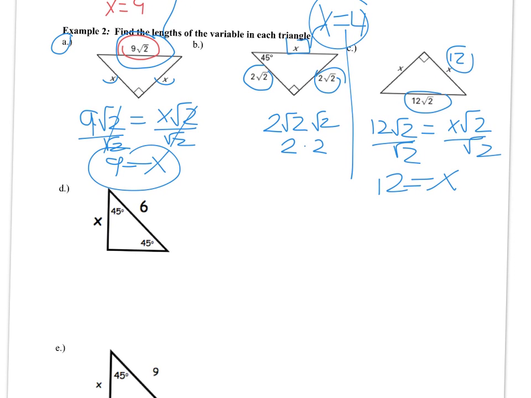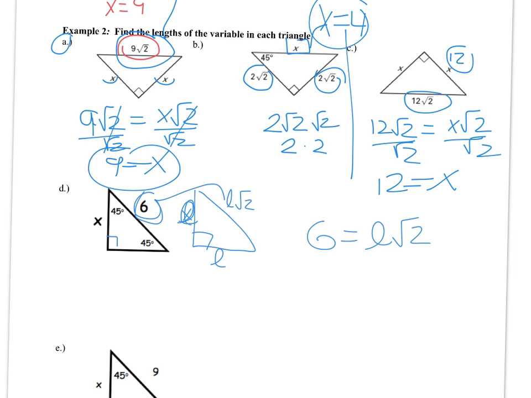In part D, now here's where it gets to be a little more work. So they're giving me the hypotenuse, and once again, I'm going to start calling these legs, and the hypotenuse would be the leg times radical 2. I want to know what that leg equals. My x is going to be the leg.